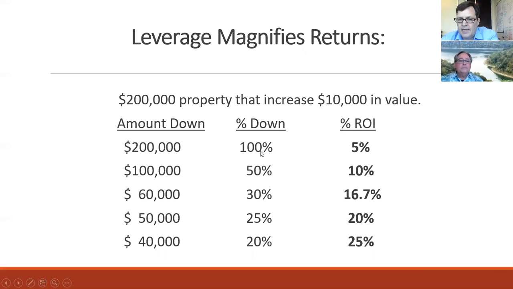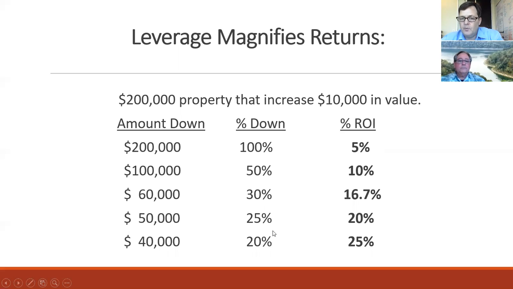If you put 100% down on a property, which is $200,000, then with an increase of $10,000 in value from appreciation, it's a 5% return on your investment of $200,000. Now, if you bought 2 houses, both of $200,000, and got a loan on each of them, and you put 50% down, $100,000, then on each of those, the appreciation of $10,000 would be 10%.